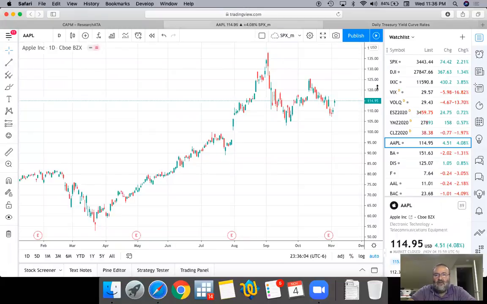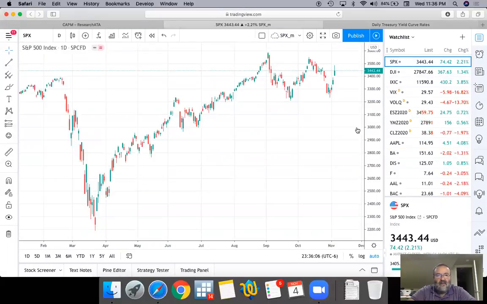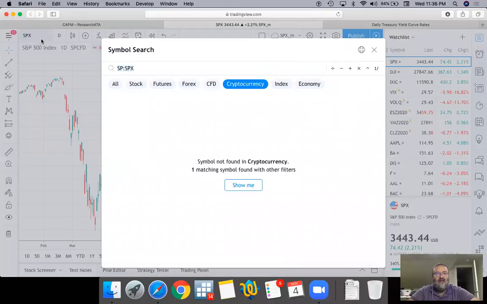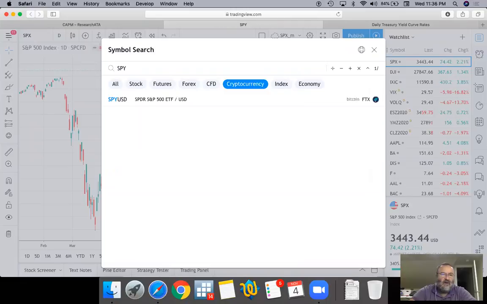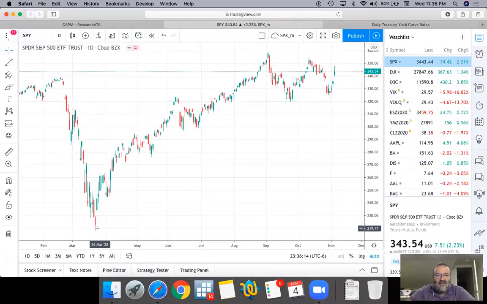Then we're looking at the overall market. This is the S&P 500. And in fact, there's an ETF called SPY, which allows us to buy a share by paying $343 and change of a portfolio that includes the 500 largest stocks in the world.